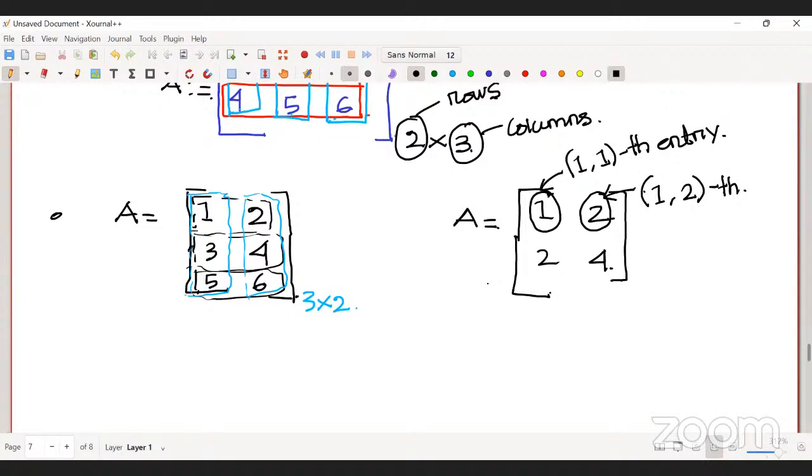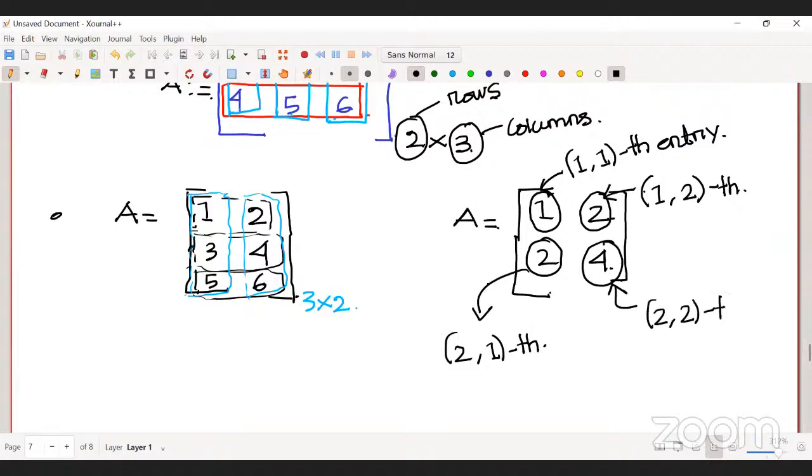Similarly, this 2 is in the second row and first column, so this is the 2,1 entry of the matrix. And this 4 is in the second row and second column, so this is the 2,2th entry. In the same way I can assign a name to all the entries of a matrix.